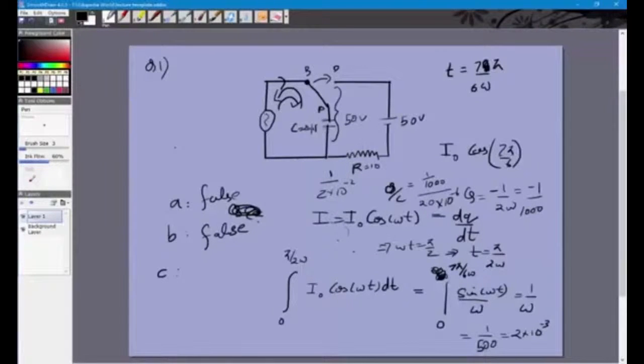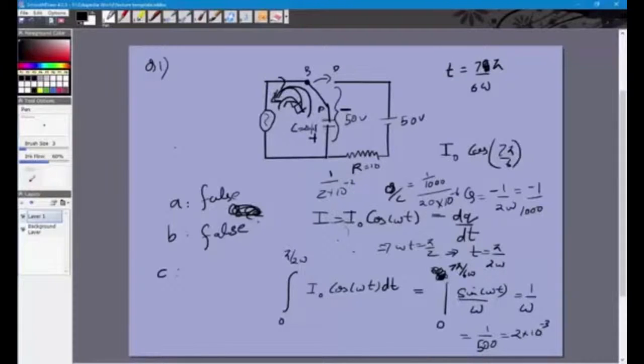Now some students might make a mistake here. This is 50, this is 50, so the current is 0. But actually for the first half of the time period it was going like this, then it was going like this. So the positive terminal will be this and the negative terminal will be this. So the potential difference is not 0, it's actually 100 volts, so the current will be 10 ampere.